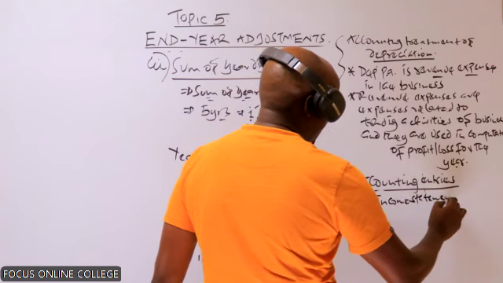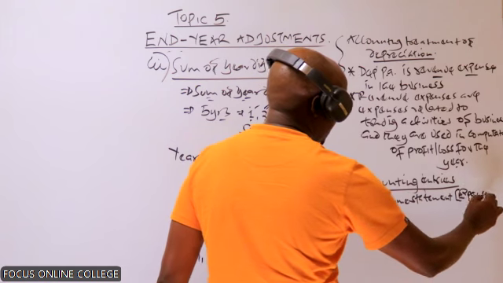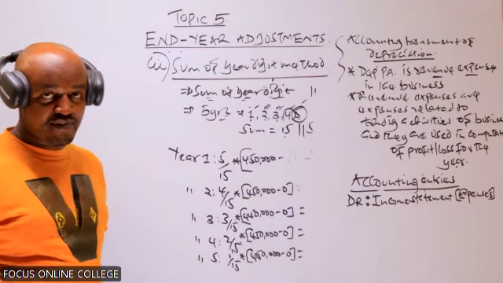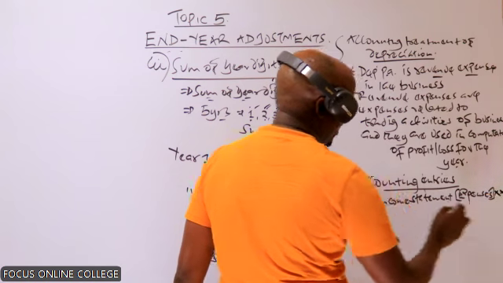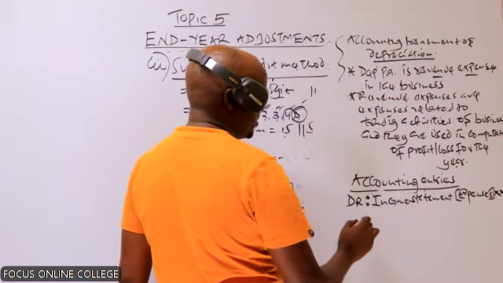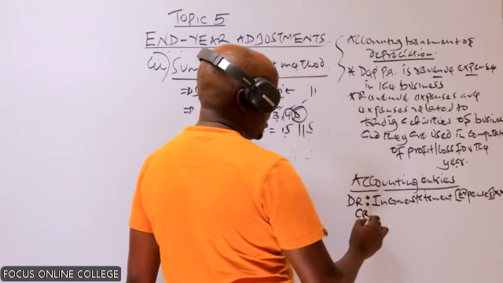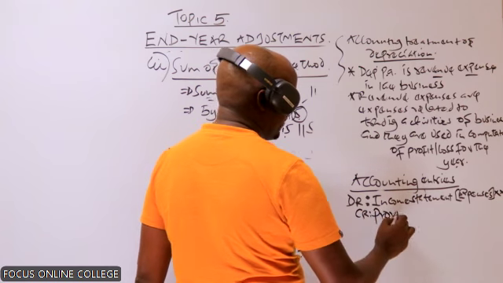The income statement is debited with all expenses, and depreciation is one of the expenses. Debit income statement, you treat that as an expense in the income statement, and then we credit an account called a provision for depreciation.